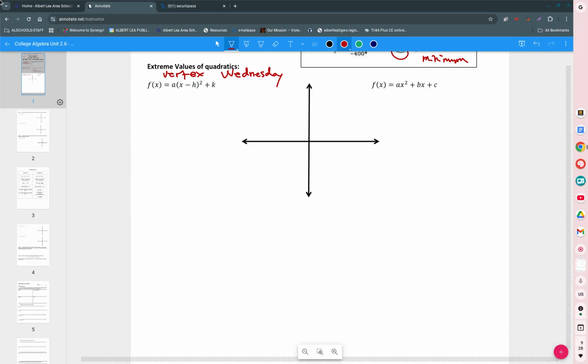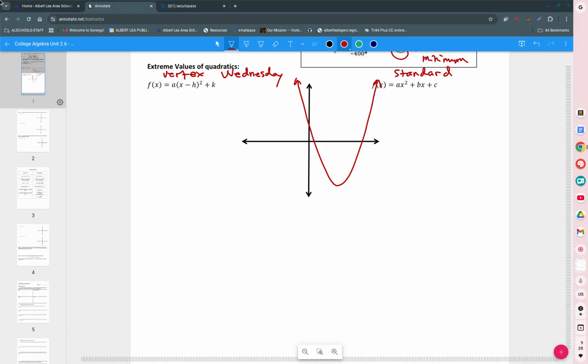This is what we call standard form of the parabola. And when you have the standard form of a parabola, we want to find different aspects of the parabola by using a, b, and c. So suppose that the graph of the parabola looks like that.